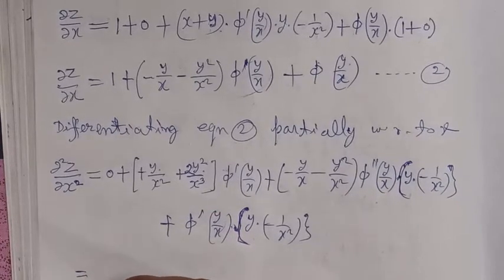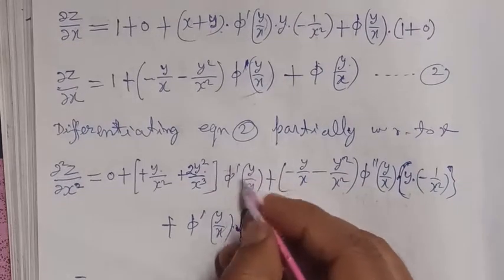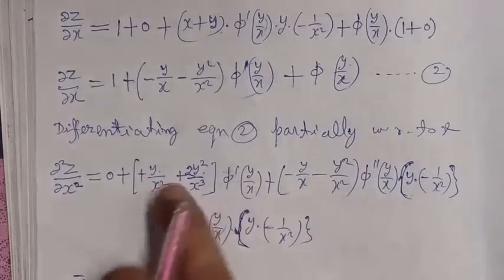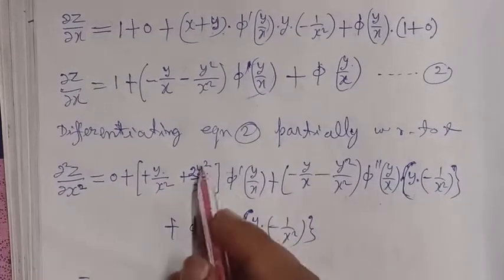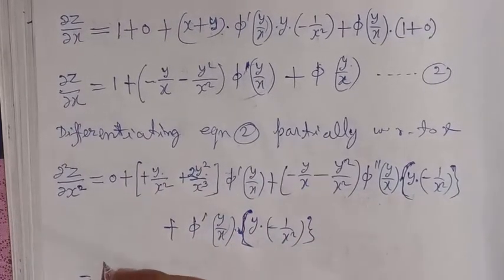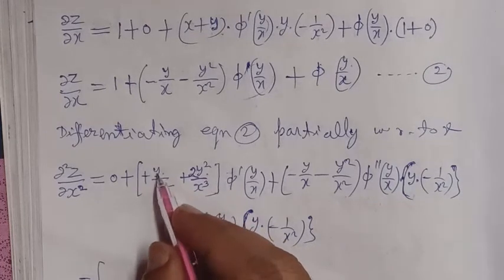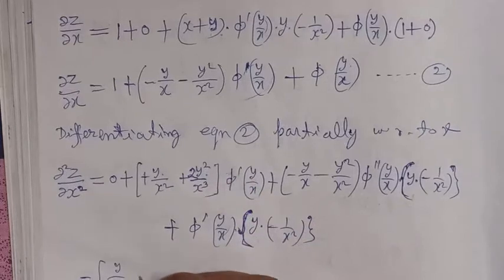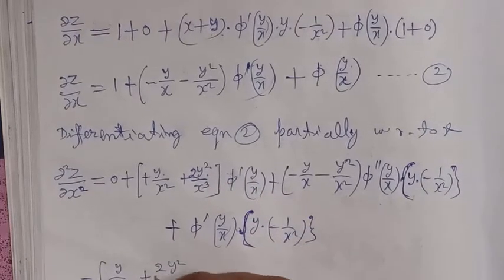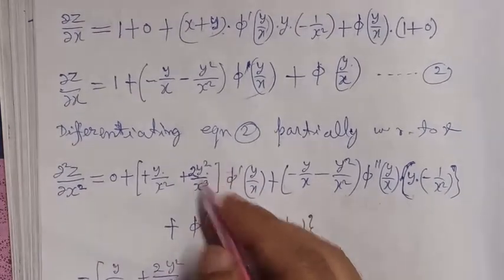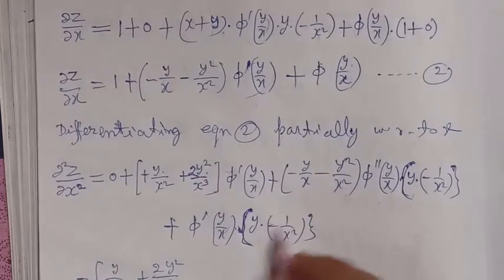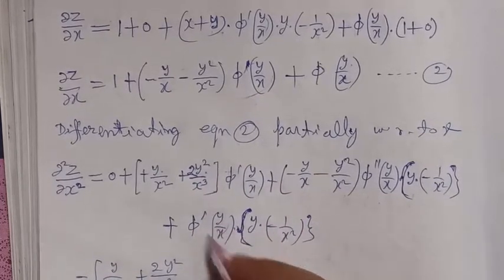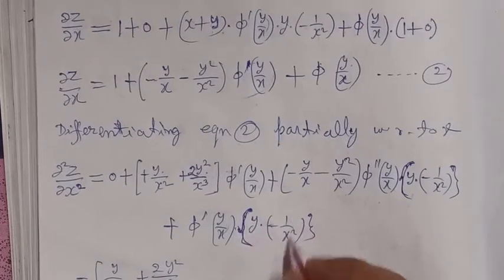we calculate some value. First of all, I want to collect the coefficient of y dash y upon x, which is present here and here. So I write this term. This term is y upon x square, and the next term plus 2 times y square upon x cube, and I write this term on taking this common, minus y upon x square.